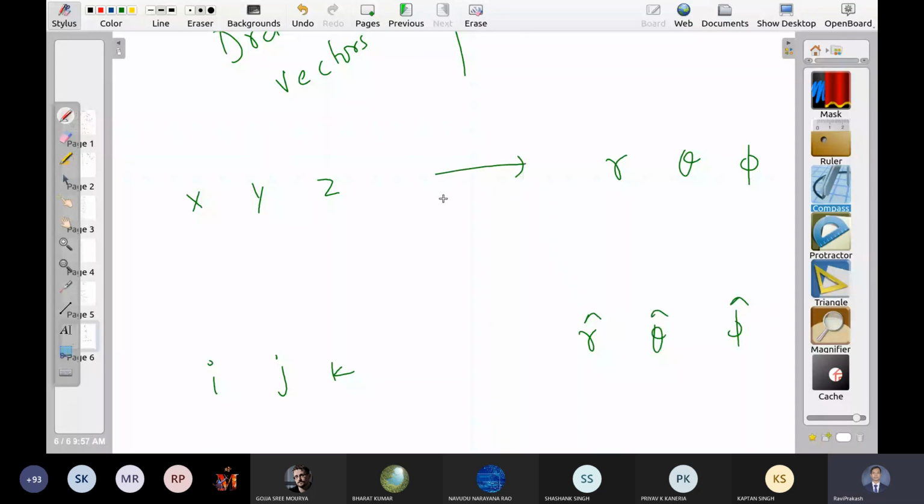These are something like z is equal to r cos theta, x is equal to r sin theta cos phi, y is equal to r sin theta sin phi. You can always find these connections. I want to know the connection between these two.